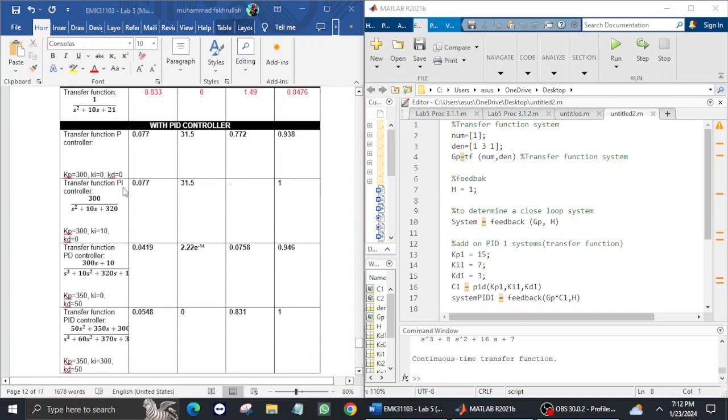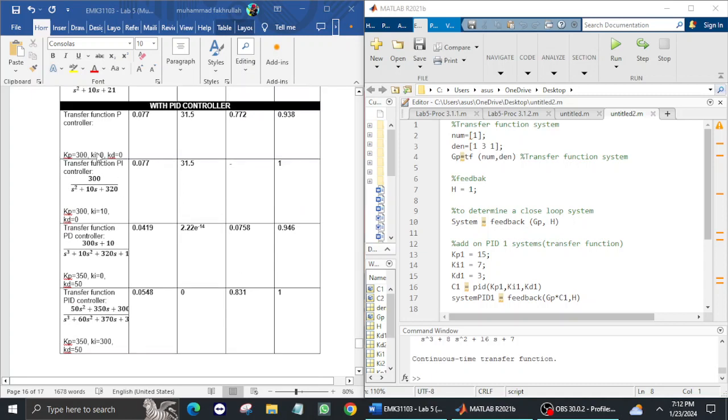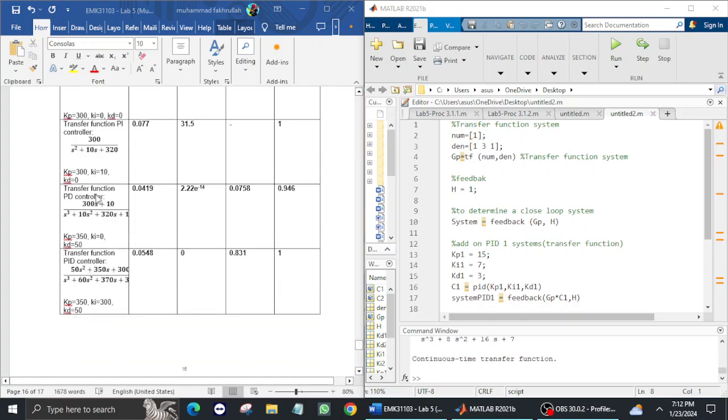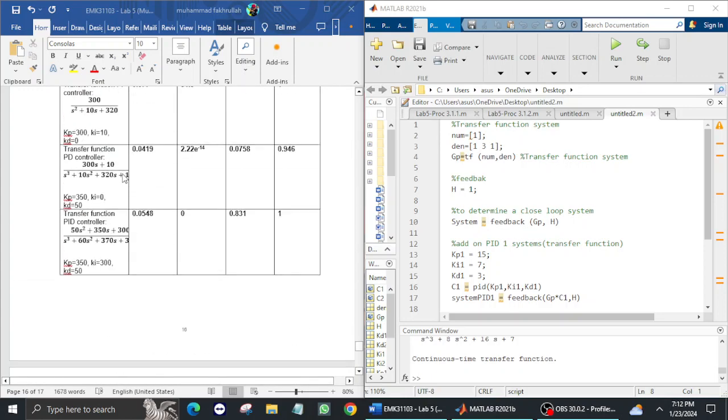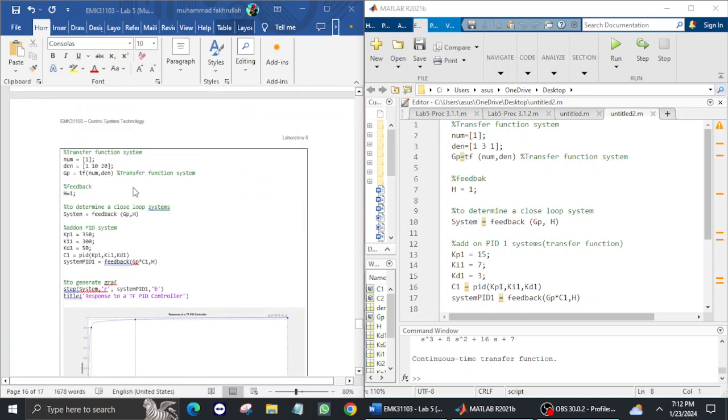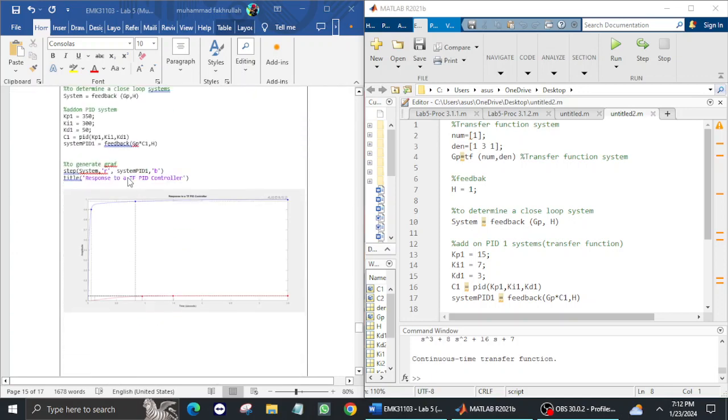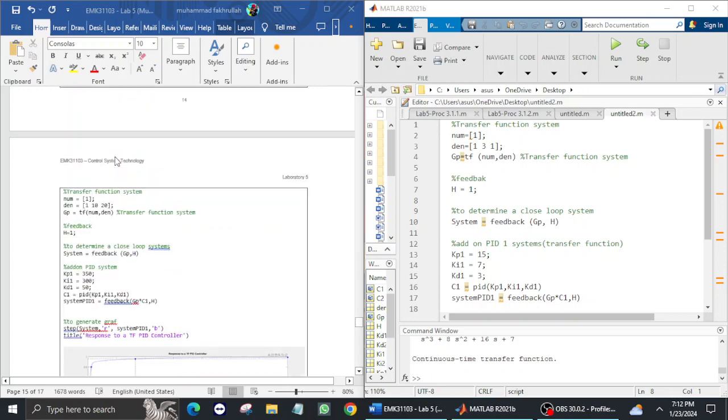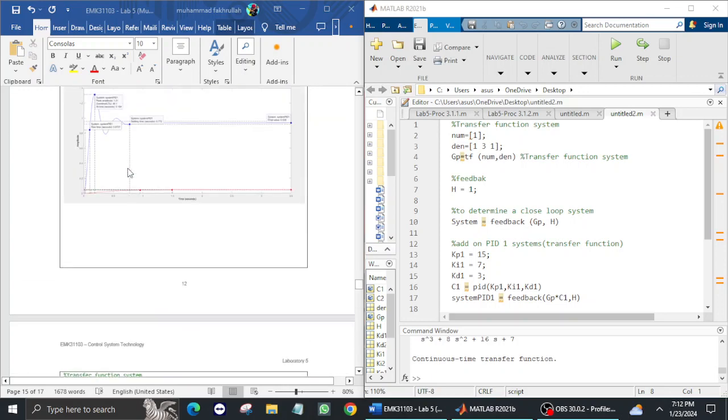This is with the PID controller, KP 300, KP constant, KI and KD different, the value of KI is different. This is my result. Okay, this is my coding and output. Okay, that is for me.